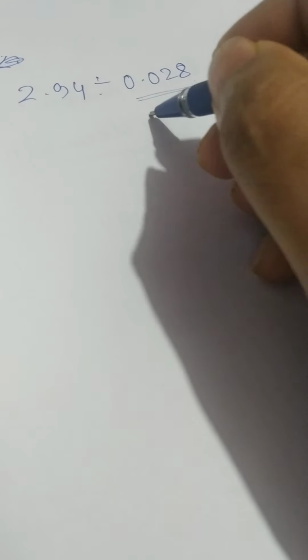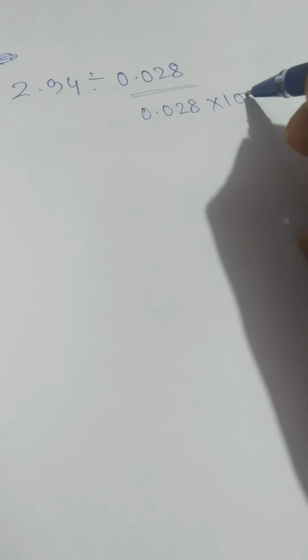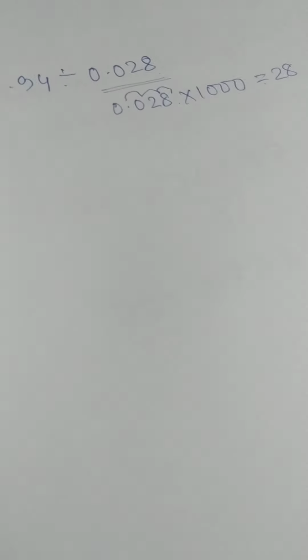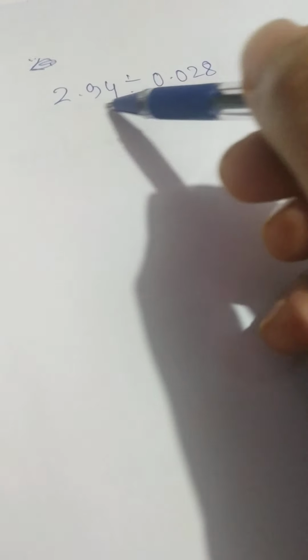So I need to multiply by what? 1000. 1 step, 2 steps, 3 steps, it comes over here, so it becomes 28. Again, since I multiplied this divisor by 1000, I need to multiply the dividend also by 1000.